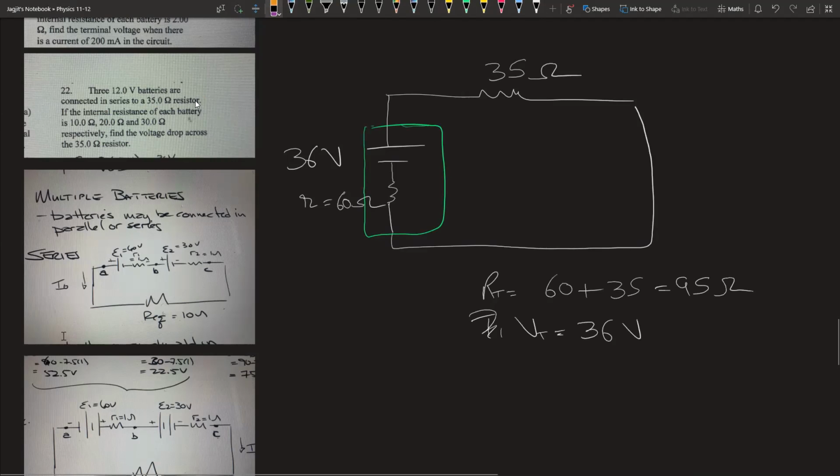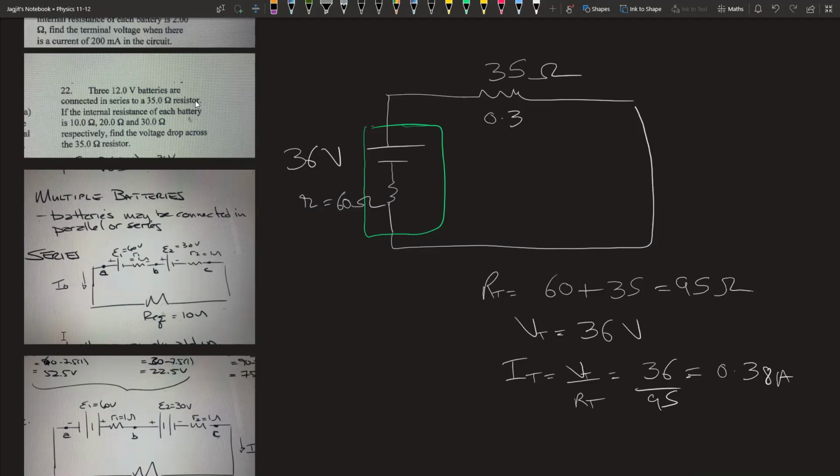Okay. So from there, we can find the total current. The total current is going to be V total over R total, which is 36 over 95. 36 divided by 95 gives me 0.38 amps.